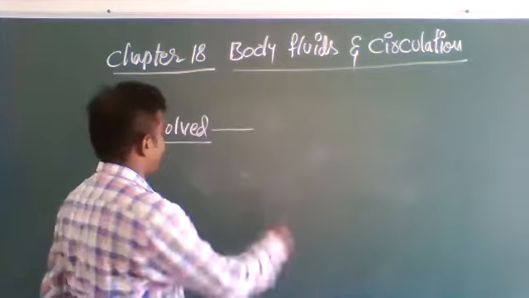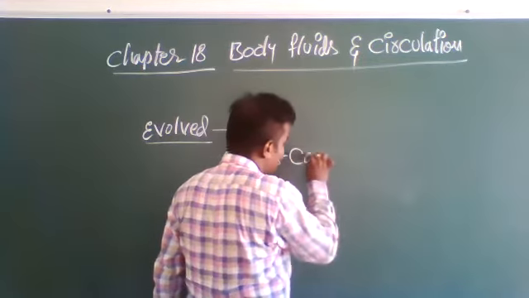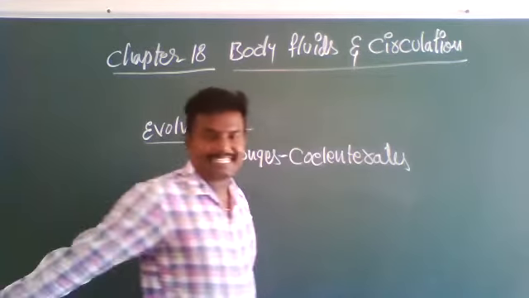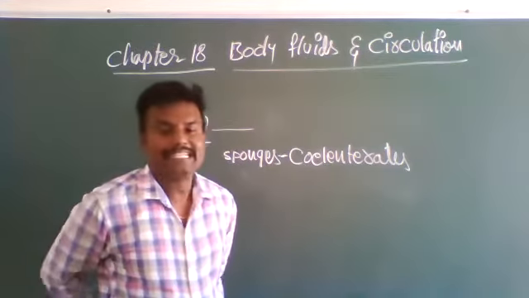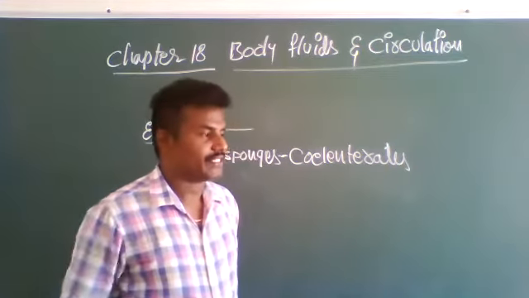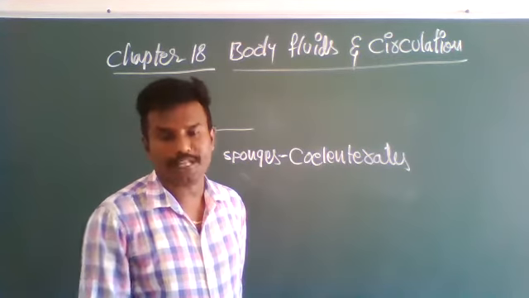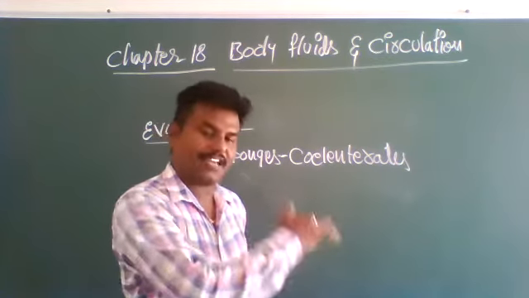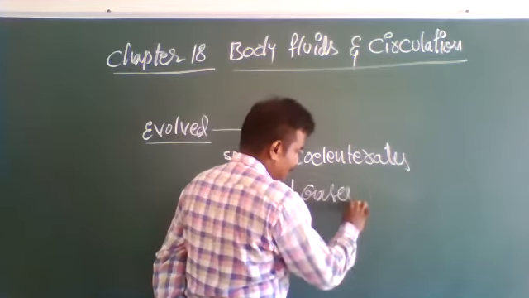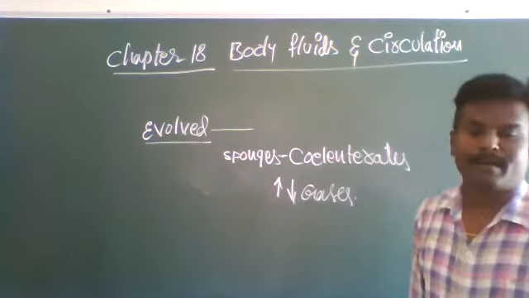For example, sponges and ciliates. Sponges and ciliates circulate the water from their surroundings through their body cavities to facilitate their body cells to exchange of gases. Sponges belong to the phylum Porifera.